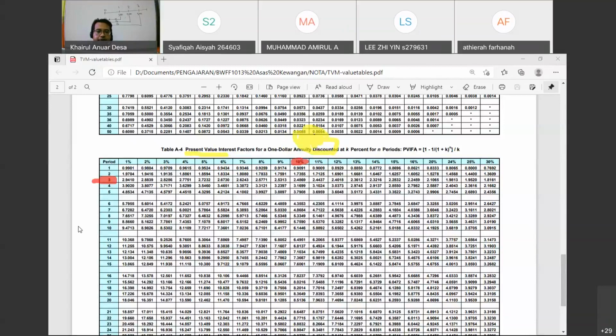So where is the coordinate? Coordinate is here. Okay, 2.4869. 10%, 3 years, 2.4869. Okay, dapat itu?